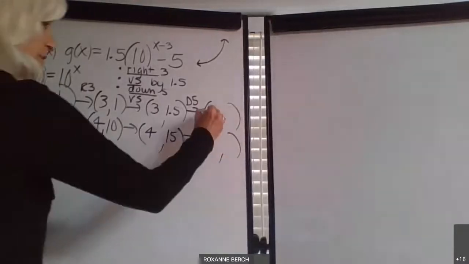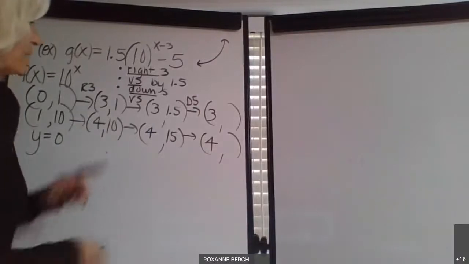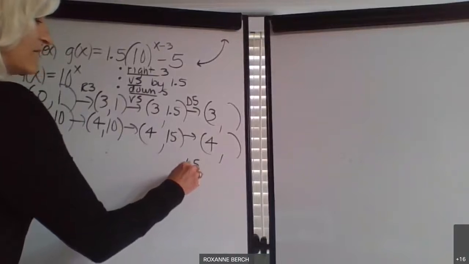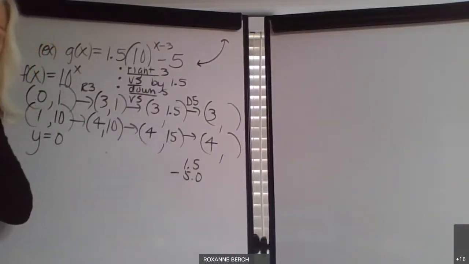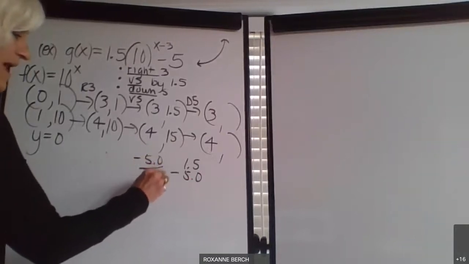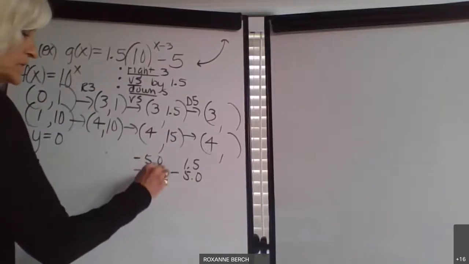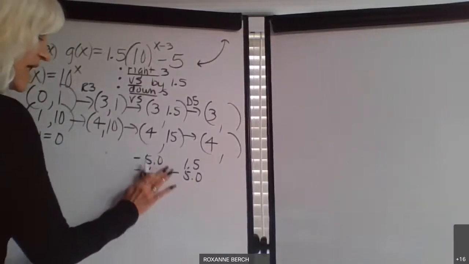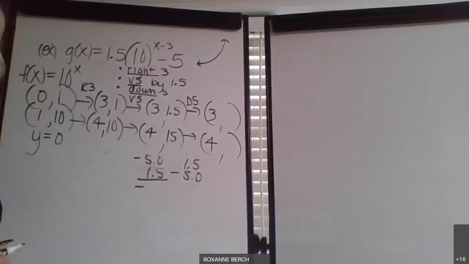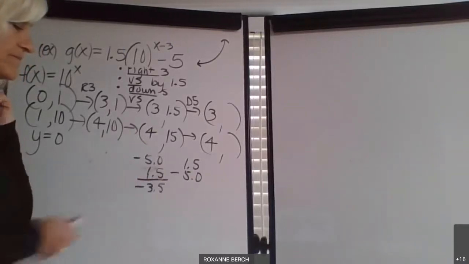That's a translation, so you want to be careful here. You have 1.5 minus 5.0. So you're going to switch those so you can actually subtract if you had to do it by hand without a calculator. So opposite subtract would be what? 3.5?